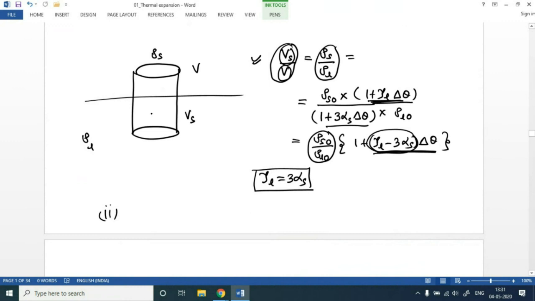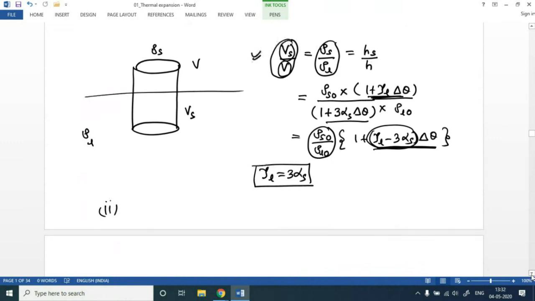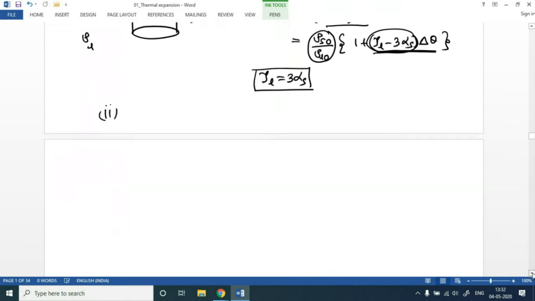So the height of the submerged part upon the total height can also be written. So Hs by H is equal to rho S by rho L, and we don't want to change Hs, so Hs is rho S by rho L into H.